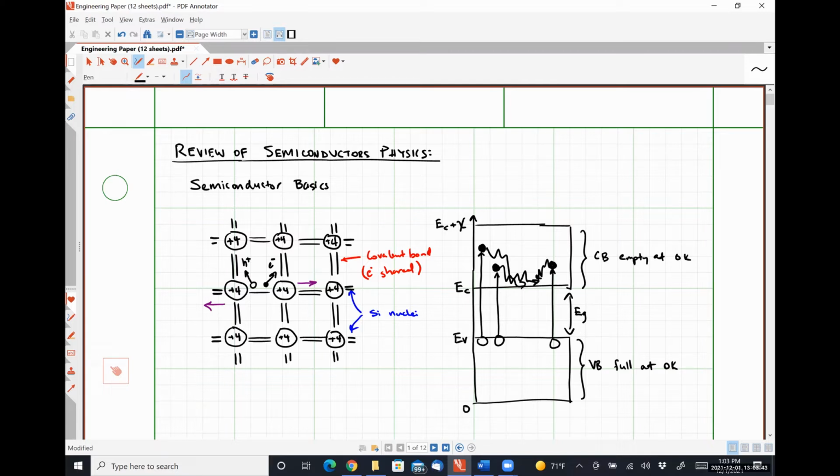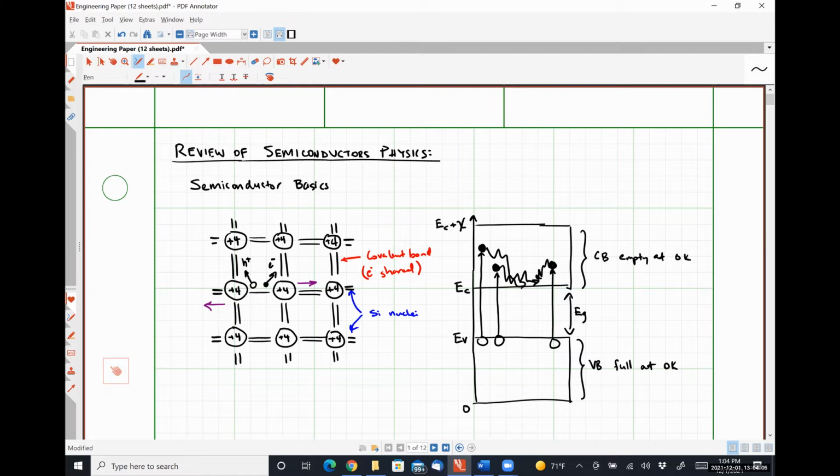right? When a wandering electron in the conduction band meets a hole in the valence band, recombination occurs. And so what happens is that electron hole pair gets annihilated because the electron is no longer up here in the conduction band available for conduction.